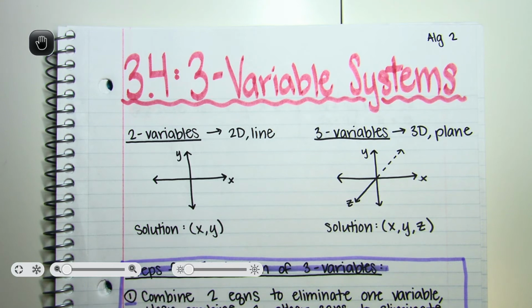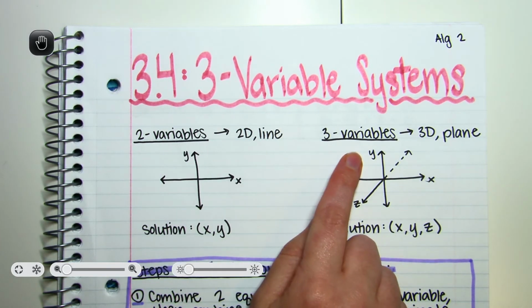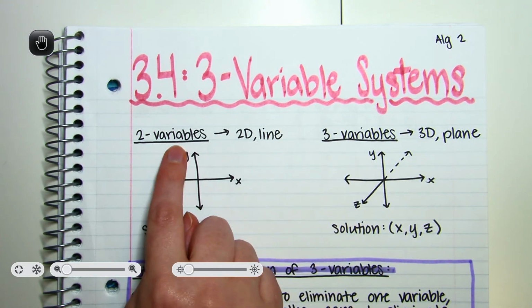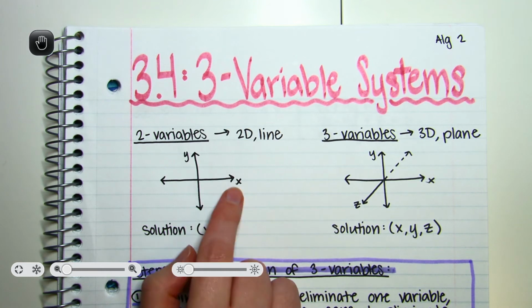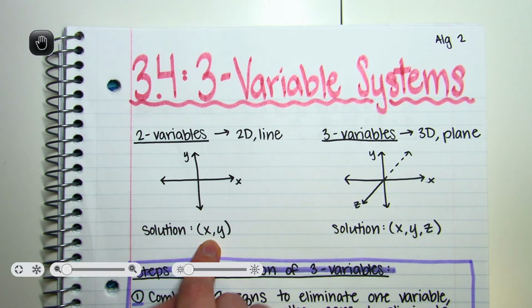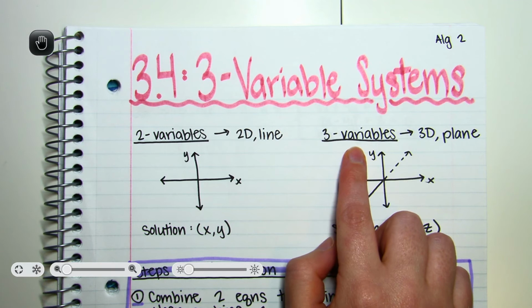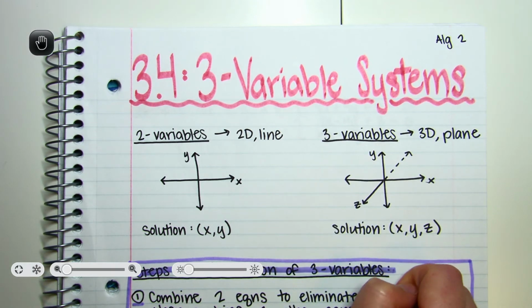First I want to show you a visual representation of the difference between a two variable system versus a three variable system. When you solve a two variable system, you're looking at an XY coordinate plane. Your solution is going to be a coordinate point x comma y. Now with a three variable system, this is three-dimensional.